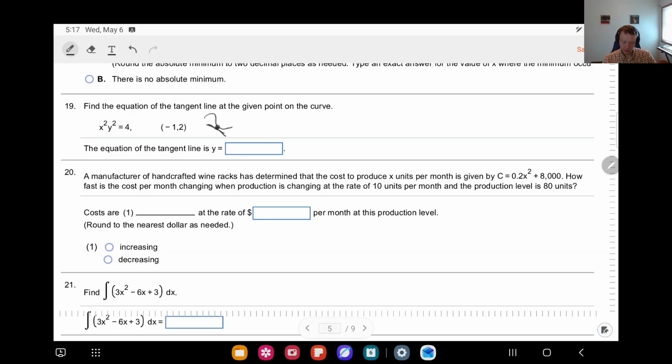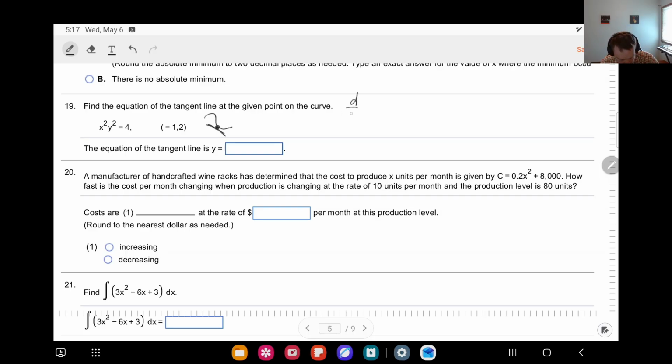The problem is that this is not just a simple curve, y equals some function of x. Instead, this is an implicit relationship between x and y. We still want dy dx, but we're just going to have to do implicit differentiation to get there.